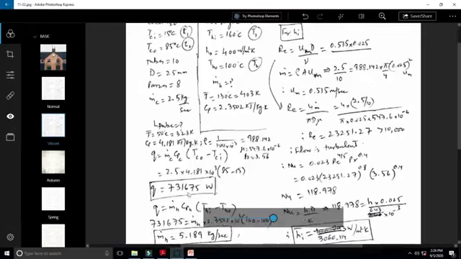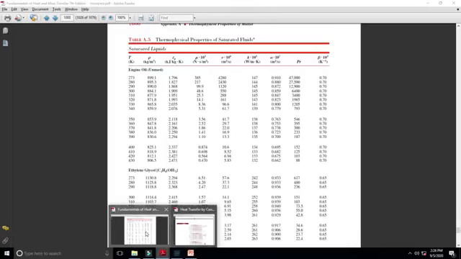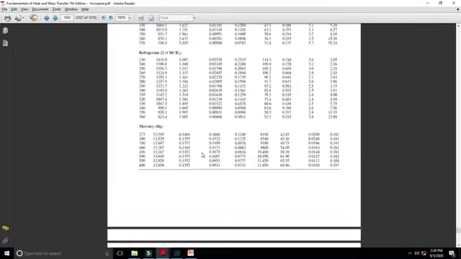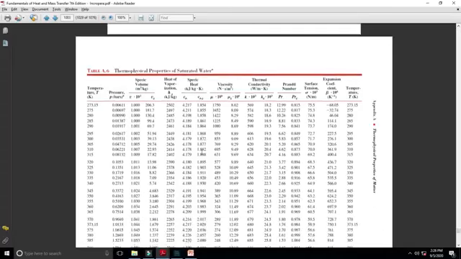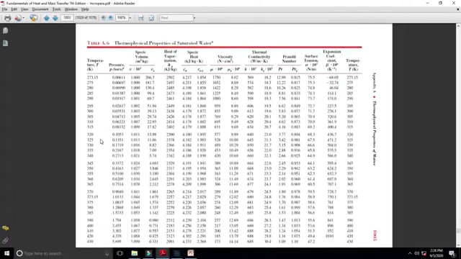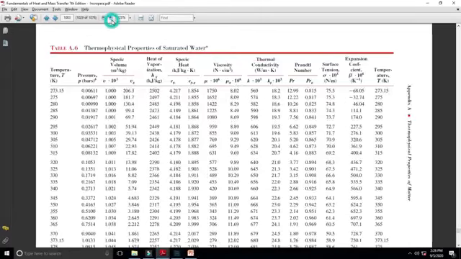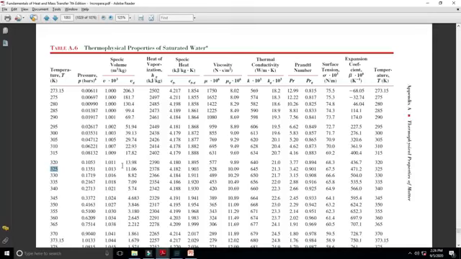So now we need to go to the property table of water. We will go to table A at the end of our book, and at 323 Kelvin, as you can see over here, we have temperature of 320 and then temperature of 325.